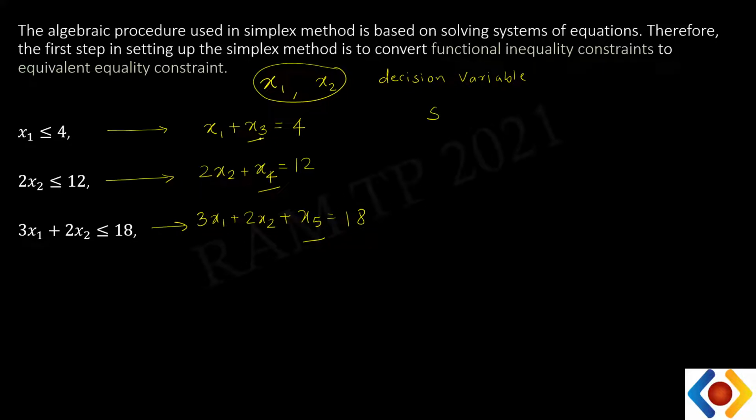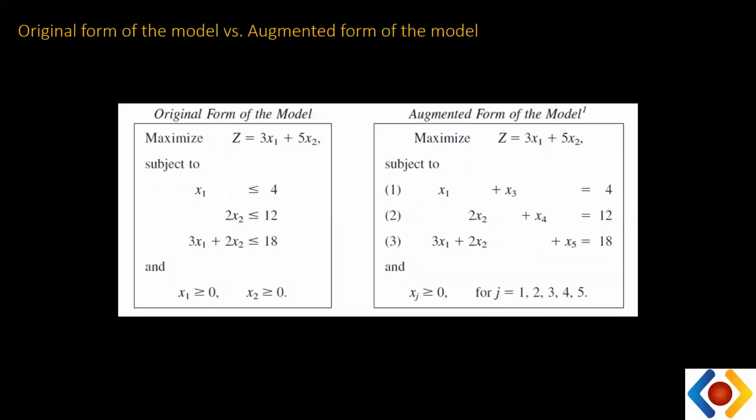So these variables are called slack variables, and the letters used will be s1, s2, and s3. But anyway, that will not make much of a difference. Our focus is on understanding the concept. Once you understand the concept, whether it is x1, x2, or x, y, or s1, it doesn't matter, right? So let's move on now.